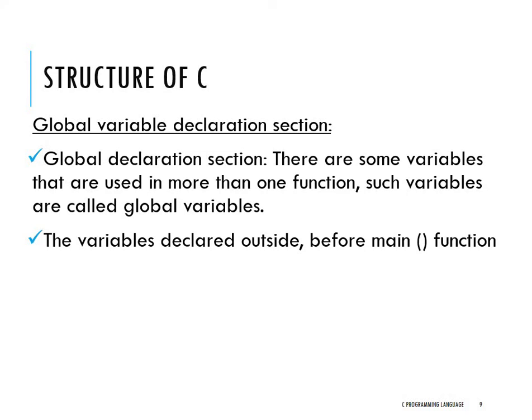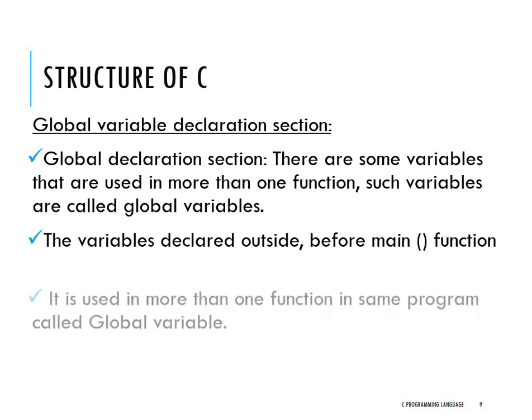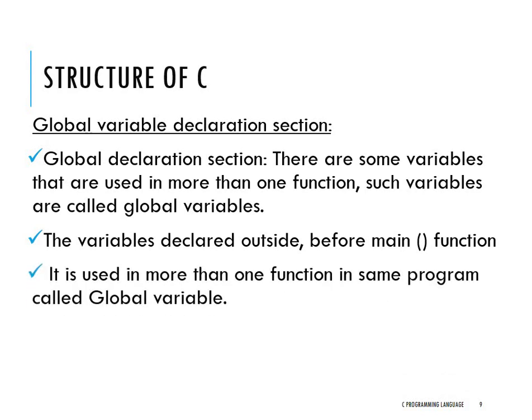If we declare any variable before the main function, we can use that variable in the entire C program. These kinds of variables we call global variables. We can use global variables in more than one function in the same program. The scope and visibility of a global variable is always high.